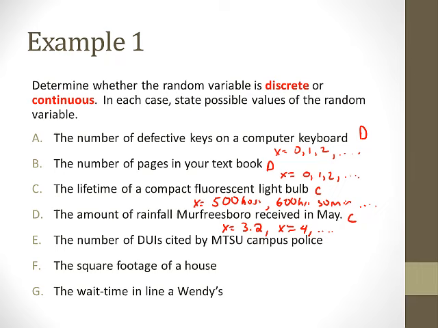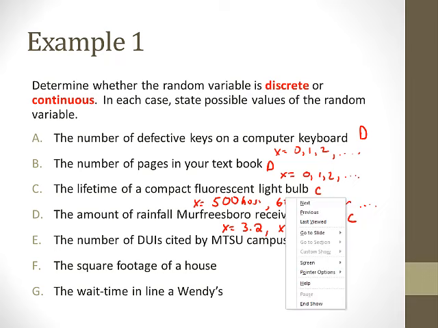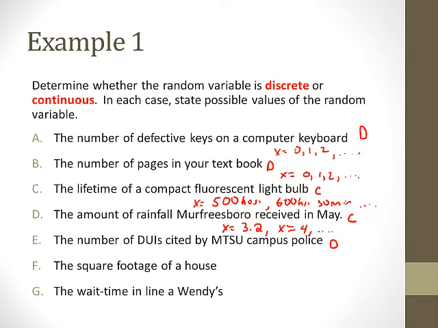Discrete, right? Because I can count the number of DUIs given by MTSU campus police. The number of DUIs could be 0, 1, 2, and so on. I don't have like 2.3 DUIs or something like that. So generally, our discrete data is going to be nice countable numbers. Not every time, but generally that's what we're going to be looking at.